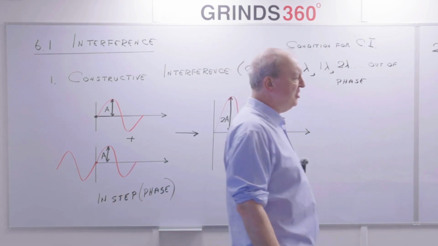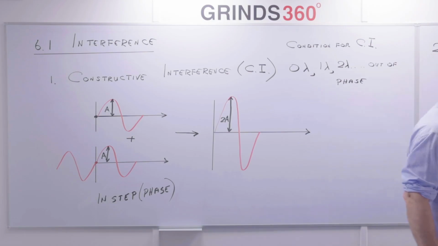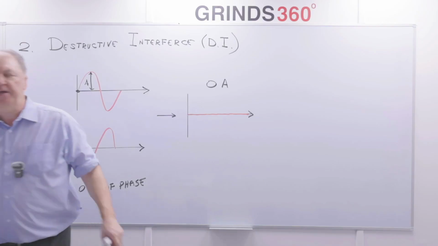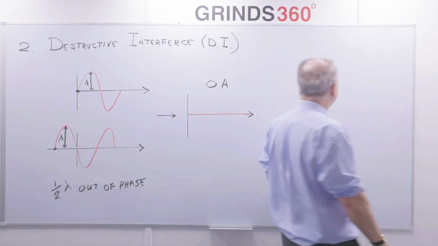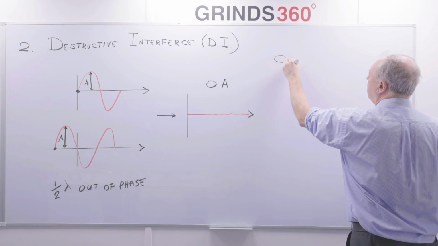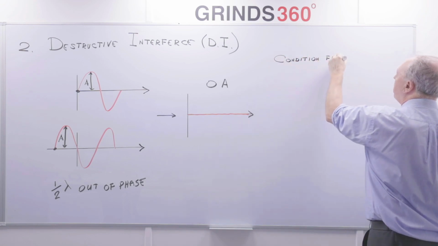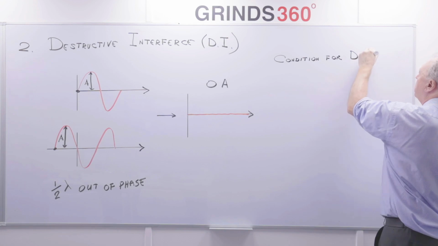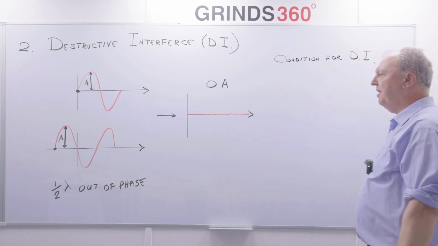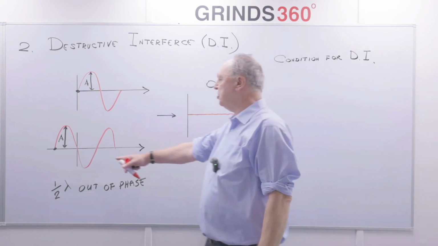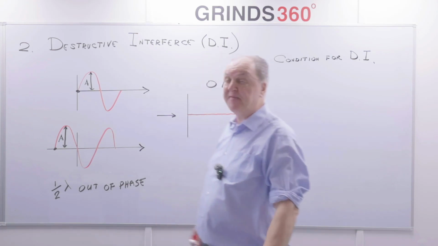And what's the condition for destructive interference? Well, what I showed you here was half a wavelength out of step.